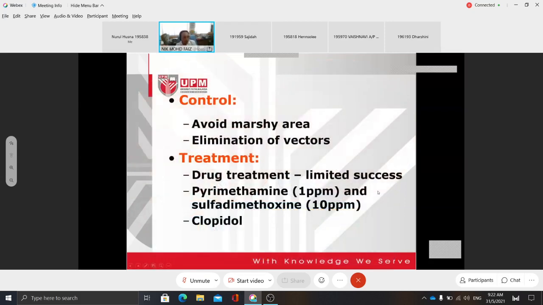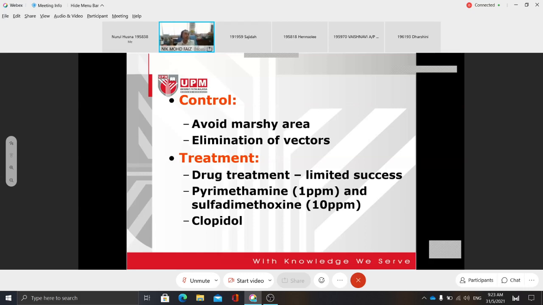How to control it? The best way to control it, because leukocytozoonosis requires two hosts to complete the cycle, is to eliminate one of the hosts. If you eliminate the host, you stop their life cycle. So basically, you have to eliminate the vectors.